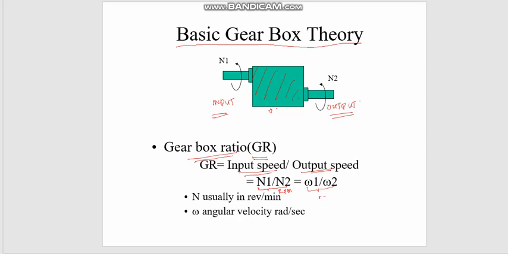So this is radian per second, the unit. So this is radian per second over radian per second, or it can be RPM over RPM. So both of them are basically known as gearbox ratio.